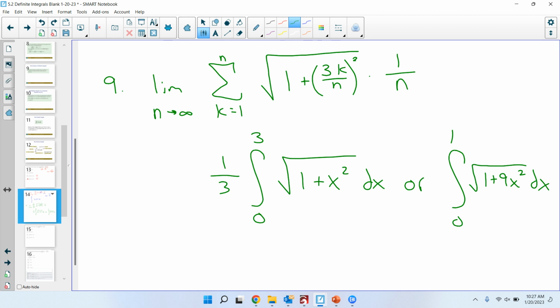What's the 3? Wait, I'm confused. I was just turning the x, and I kind of got x squared, but it's like 9. I think we should do this first.